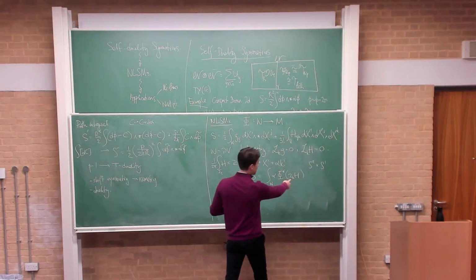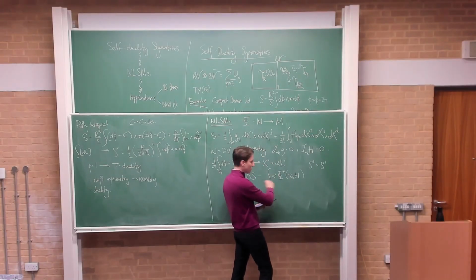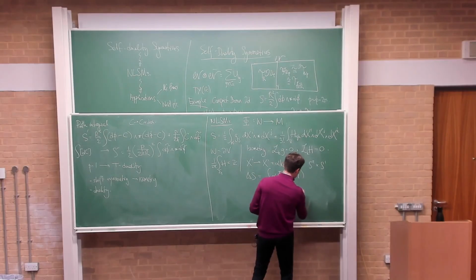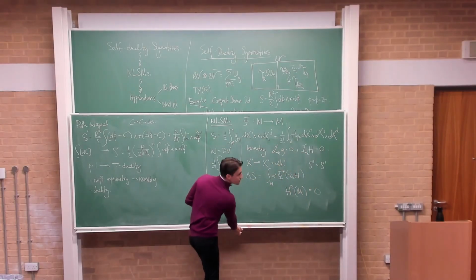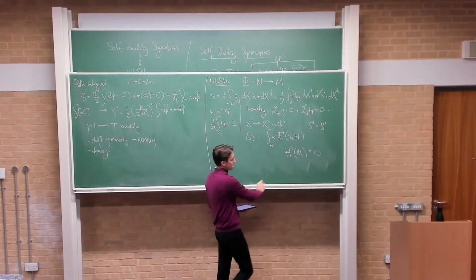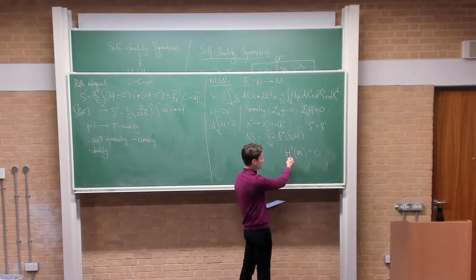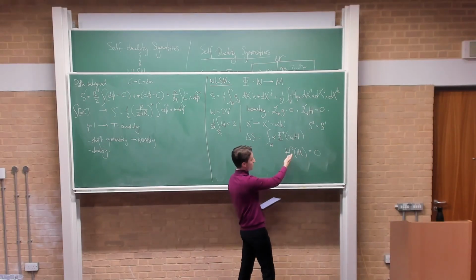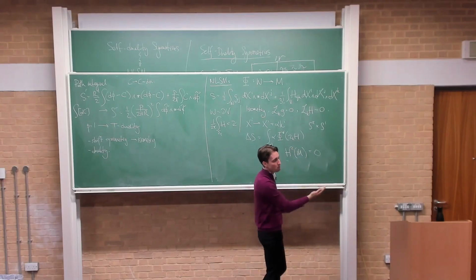So the clear statement is that if this is an exact two form, then this clearly vanishes. So if the cohomology of M in degree 2 is trivial, then this always vanishes. That's enough. It might be that there are actually non-trivial closed two forms, but IKH is not one of them.